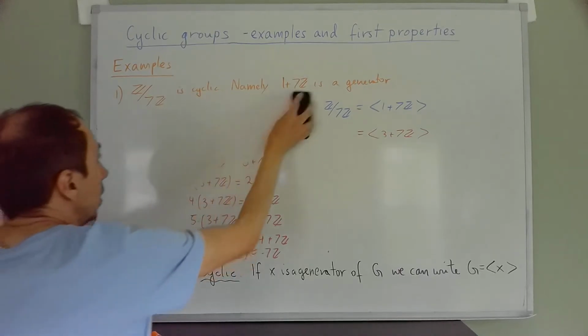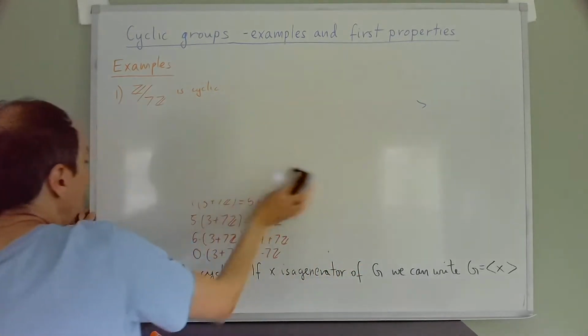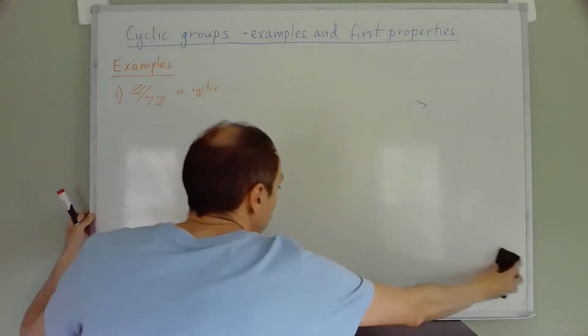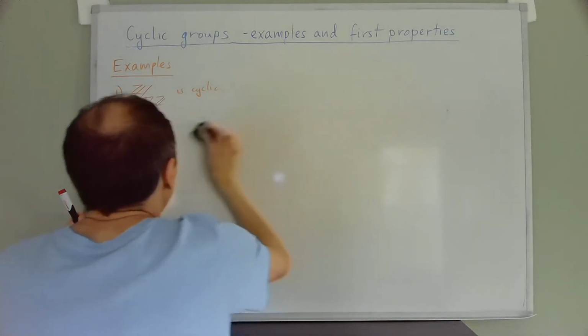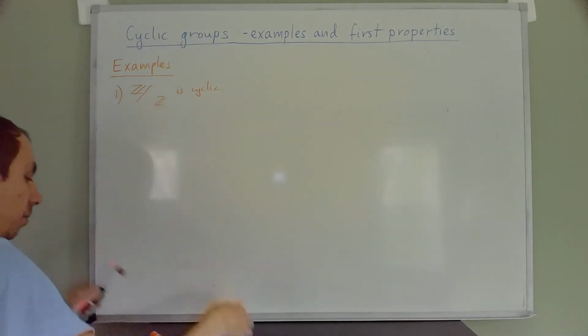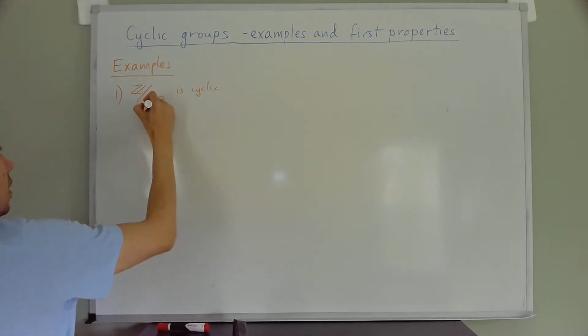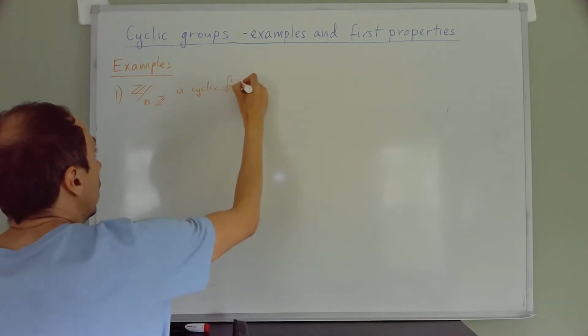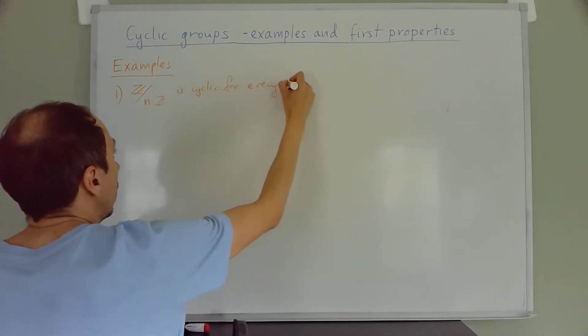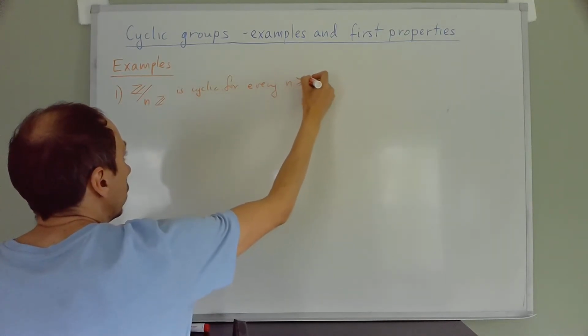And in fact, it's not that difficult to prove that Z mod nZ is cyclic for every n greater than or equal to 2.